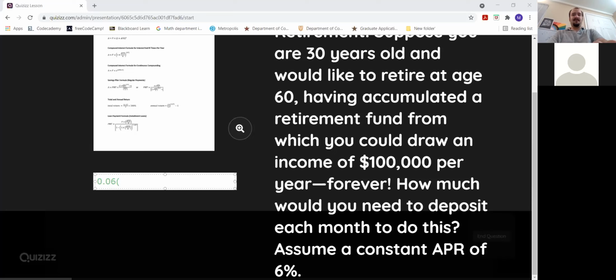So we have 6% of some large amount. And that 6% is going to give us the 100K in interest.